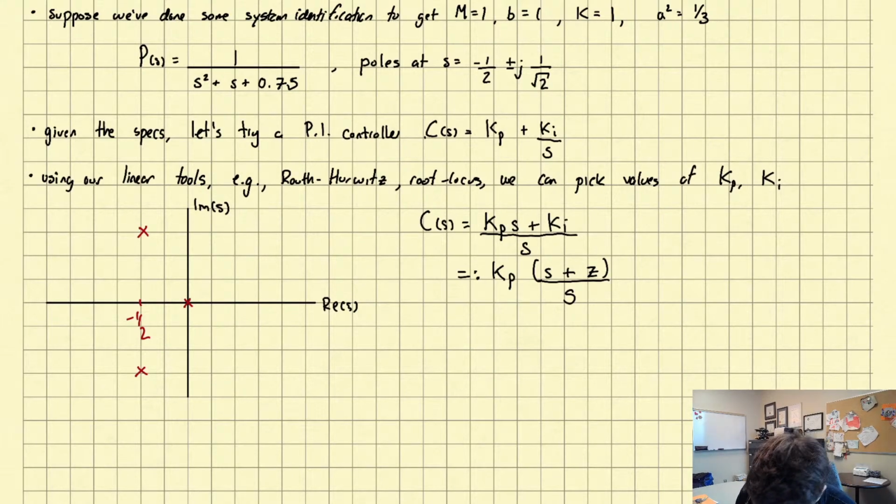And so in this case, the centroid of this root locus is going to be the sum of the poles minus the sum of the zeros. So in this case, add up all the poles, and you get -1. The zero, we haven't decided yet, so let's put that there.